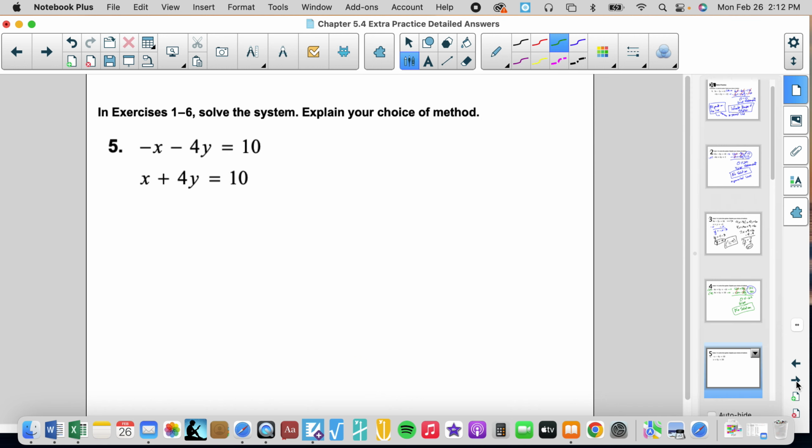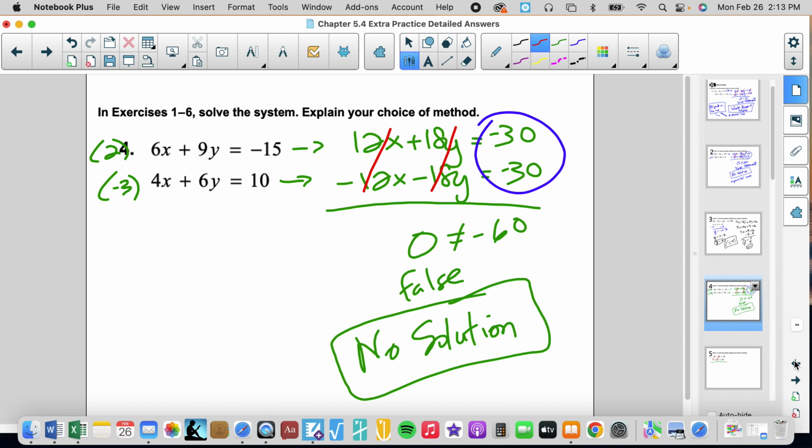Let's look at this one. We can just add it. We don't even have to do anything. That's already all ready for us. That cancels, that cancels. What? Did I make a mistake? I think I made a mistake. Are we going to get back-to-back no solutions? 2 times 12 is positive 18, that's -30.